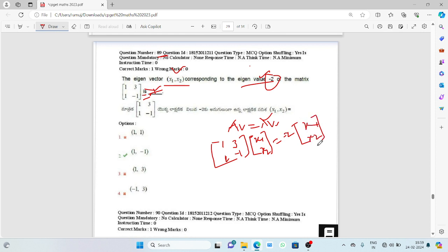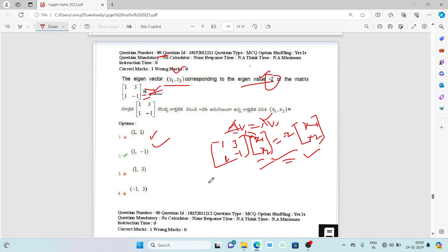You can do two methods. If you multiply the matrix with the column vector, you will get linear equations. Otherwise, you can substitute the option values for x1 and x2 one by one and check whether both sides are equal. If both are equal, then that vector is the eigenvector.